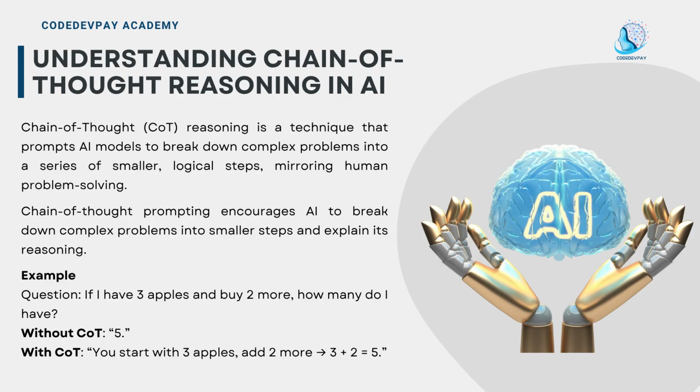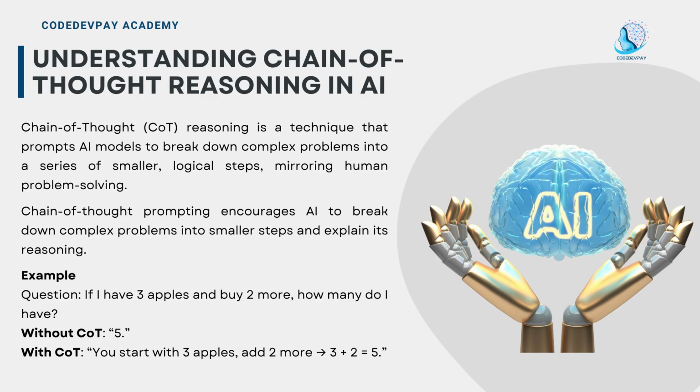So, chain of thought or COT reasoning is like the AI model showing its workings when solving, let's say, a math problem or explaining how it reached a conclusion. A simple example that we can look at is: if I have three apples and buy two more, how many do I have?